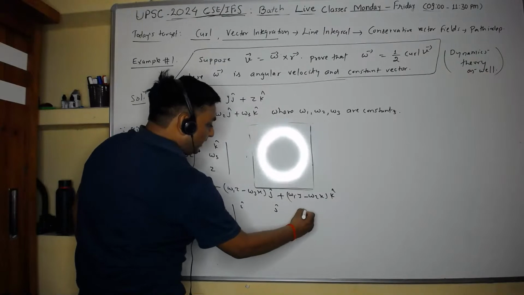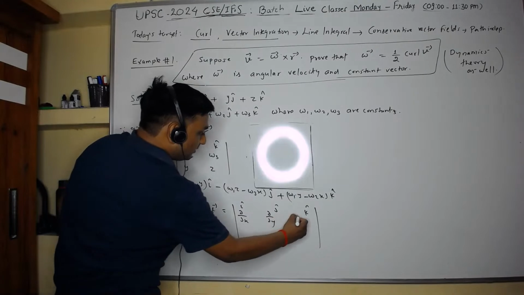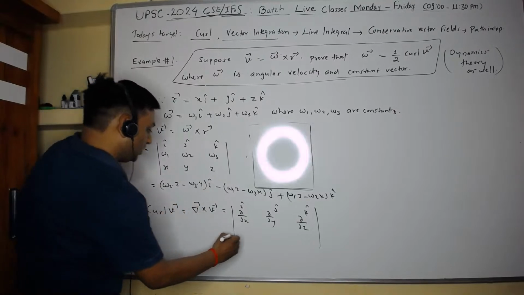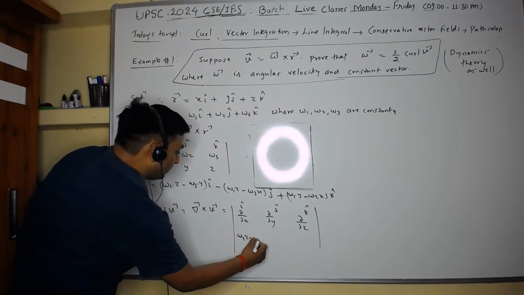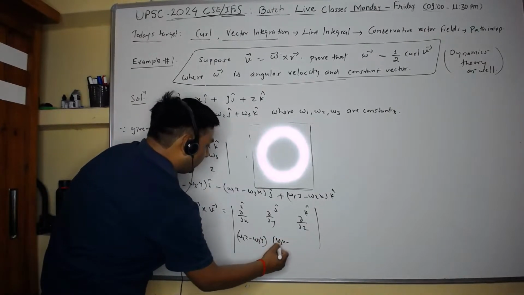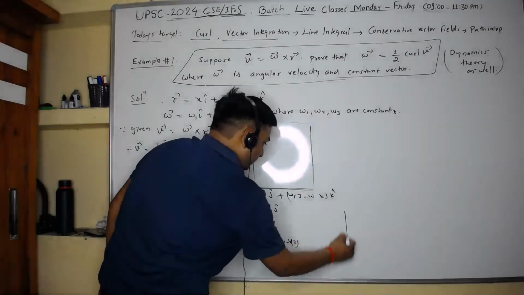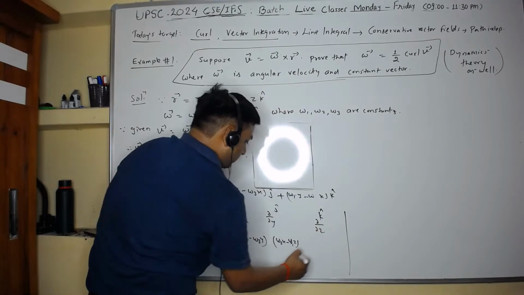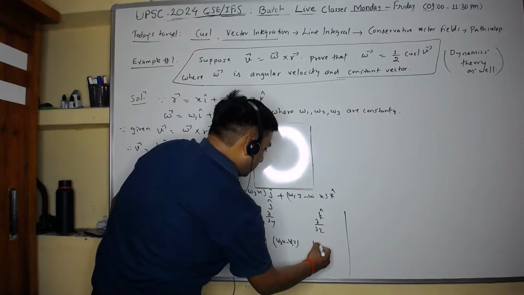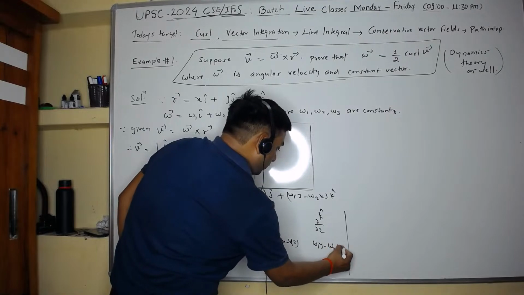So this will be the determinant of i j k; del is del over del x, del over del y, del over del z; and the entries will be omega 2 z minus omega 3 y, omega 3 x minus omega 1 z, and omega 1 y minus omega 2 x.